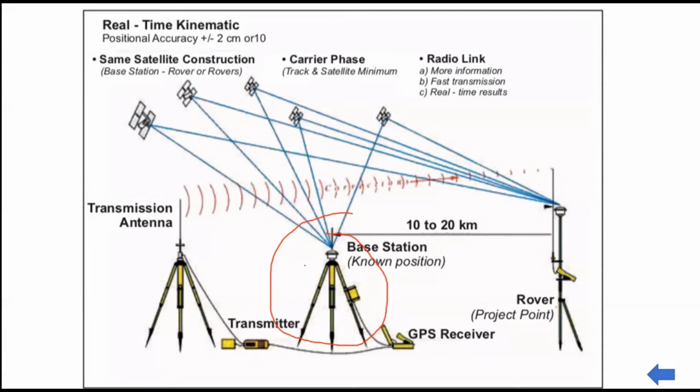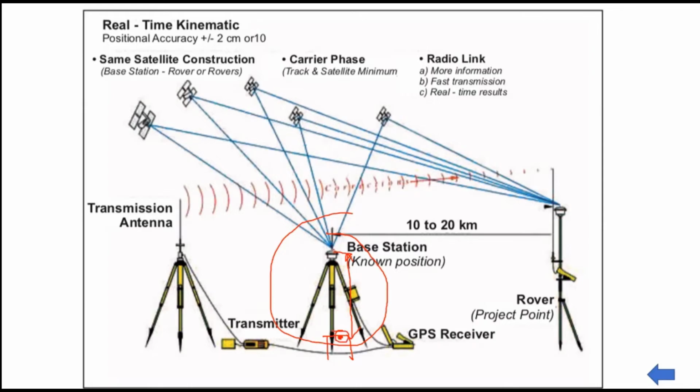Basically in this method we get the reference point. Say we establish this point on the concrete pillar, and if we know this distance, we can calculate this reference point.